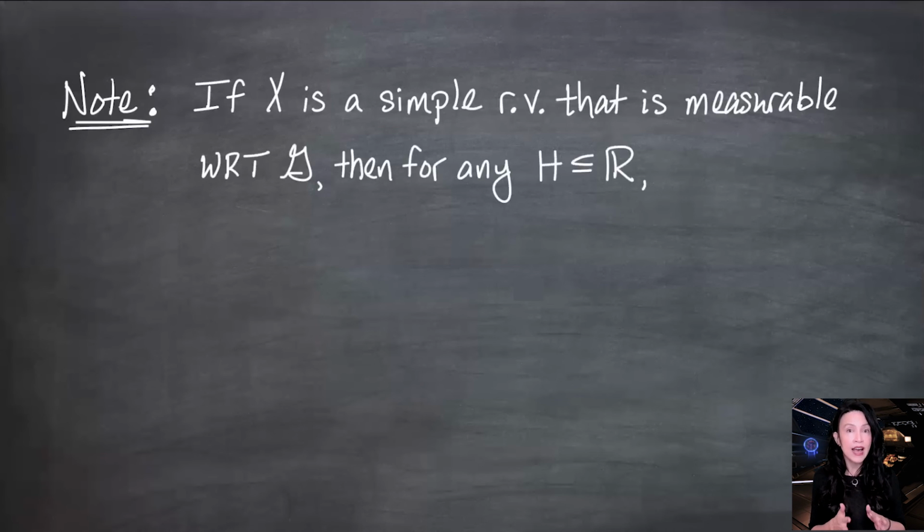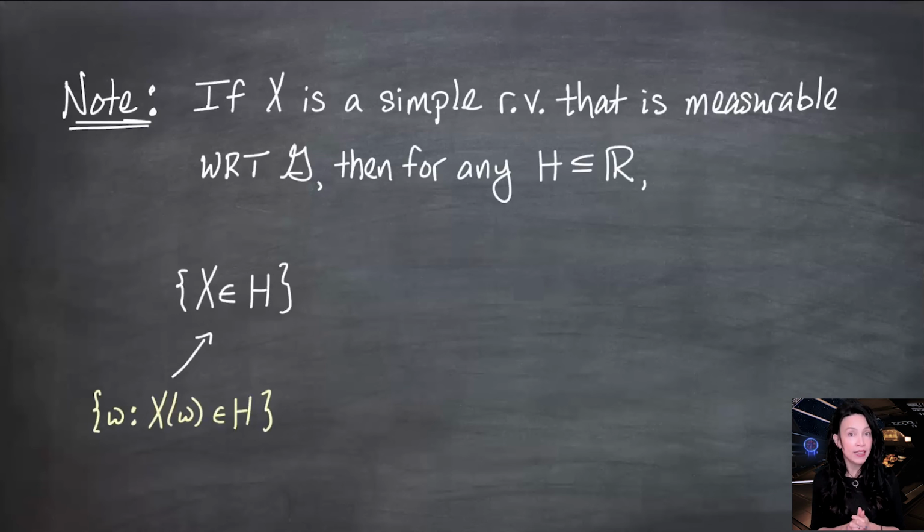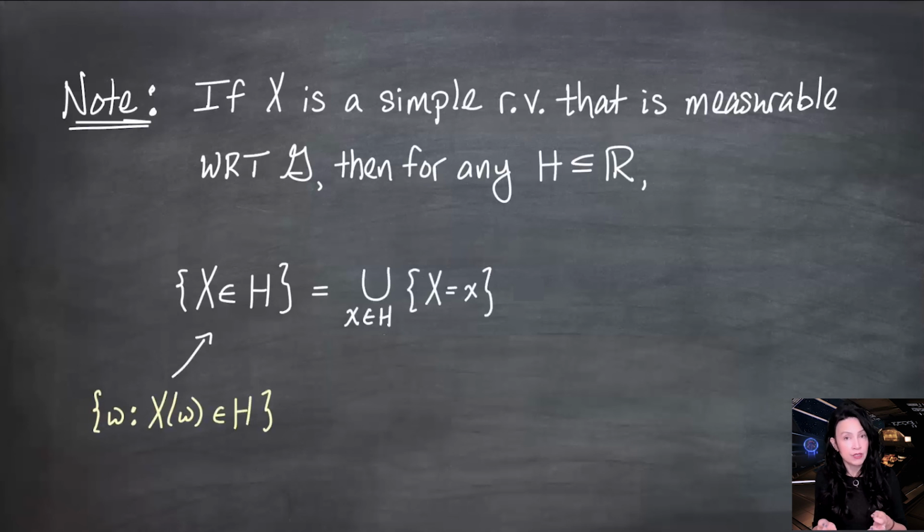Then if you look at the set of omegas for which X of omega is in H, which we would abbreviate like this, but it really means the set of omegas for which X of omega is in H, we can write this as the union over all little x in H of the set of omegas for which X equals little x.